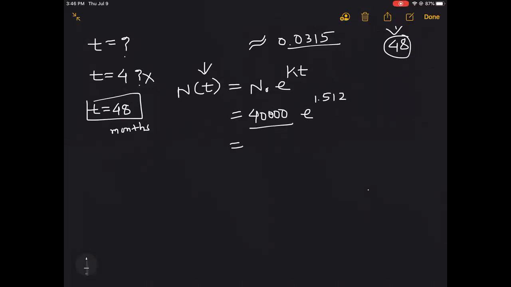Okay, so the value of this is 4.5357. So multiply 40,000 with that. Okay, 181,490. 181,490.